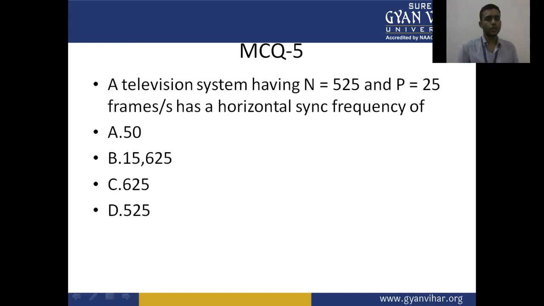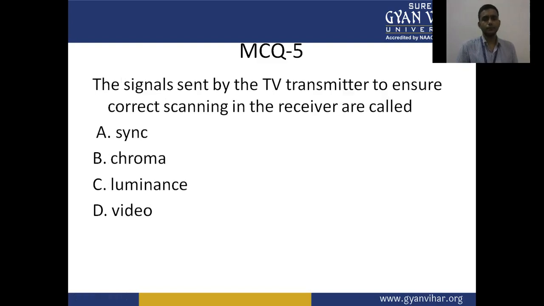So these are based on the NTSC system. Number six, the signal sent by the TV transmitter to ensure correct scanning in the receiver is called A, sync, B, chroma, C, luminance, and D, video.